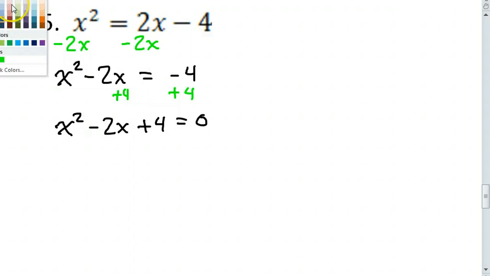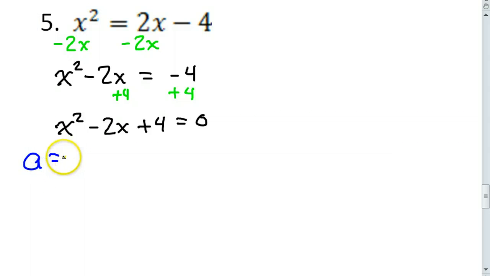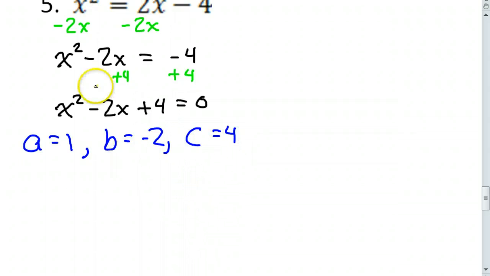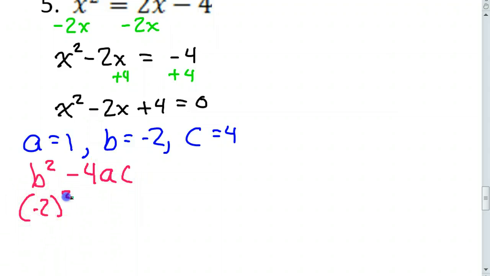So looking at it this way, a is 1, b is negative 2, and c is 4. So let's go ahead and find the discriminant. Alright, b squared minus 4ac becomes negative 2 squared minus 4 times 1 times 4.